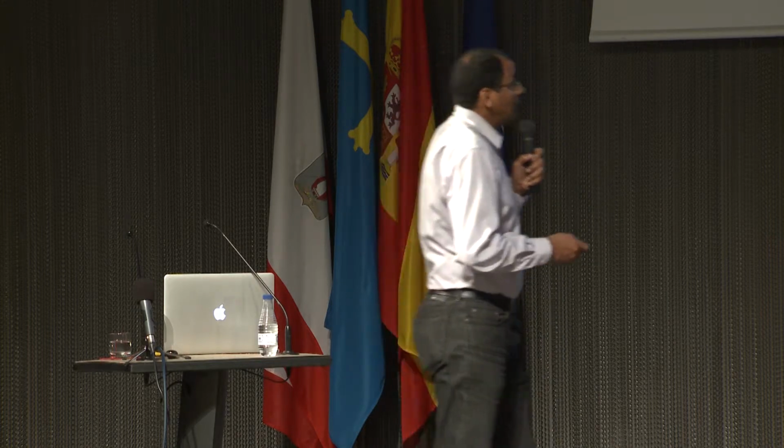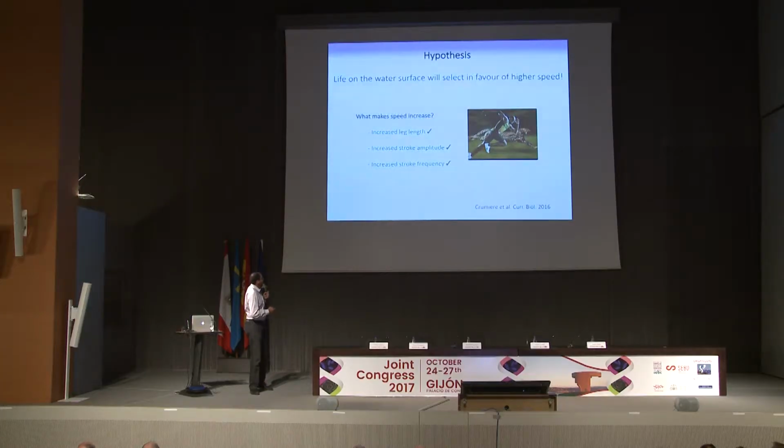So either one or the other. I won't show you any details in this project. I'm just going to tell you the final result. Details can be found in this paper here. These animals managed to increase their speed by increasing all the parameters that affect speed. In other words, they broke all the trade-offs that are there on speed.